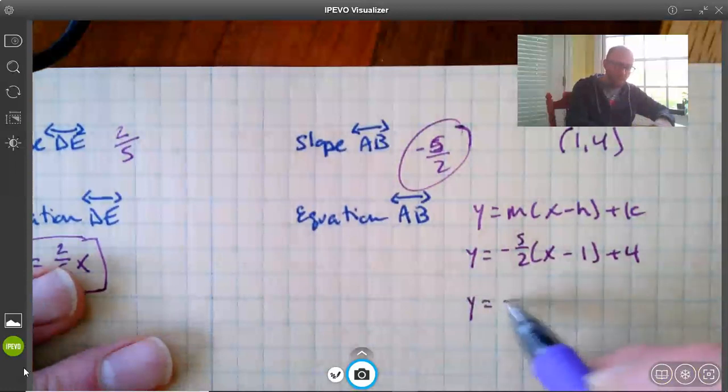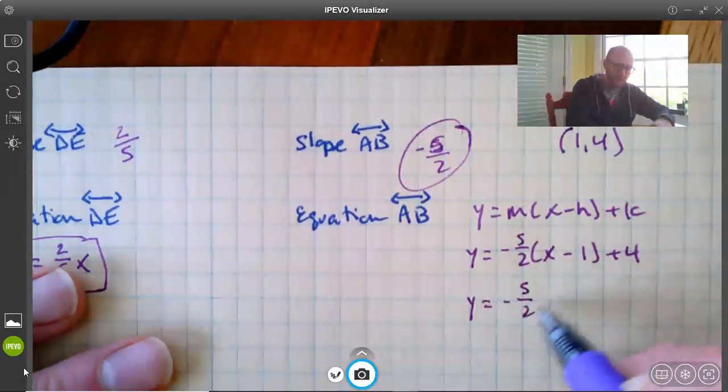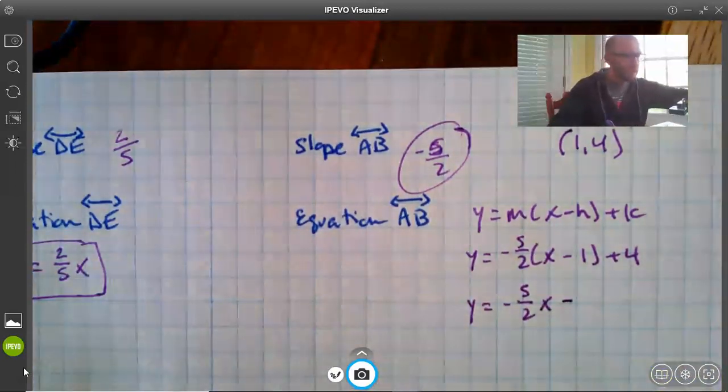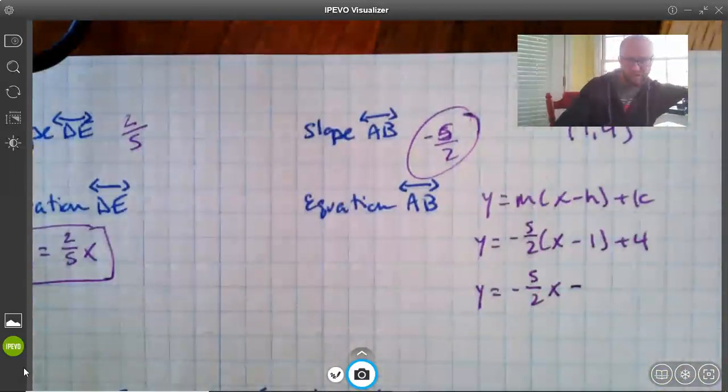Let's see, y equals negative 5/2 x minus, I need a calculator here. Let's get the calculator out.